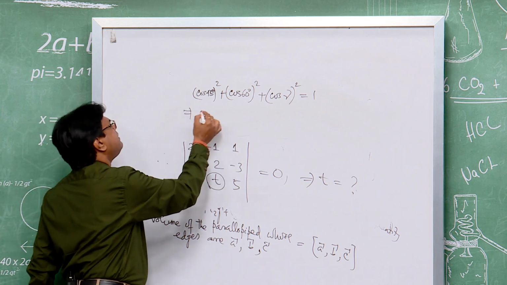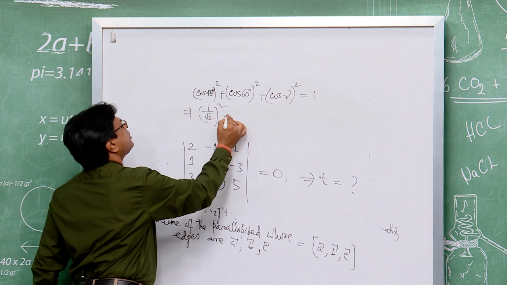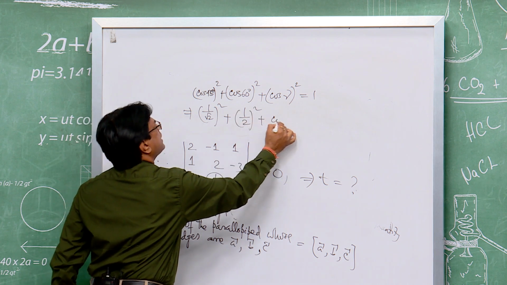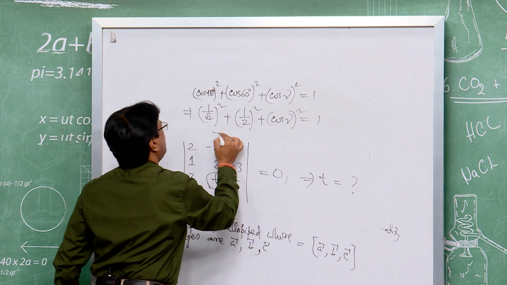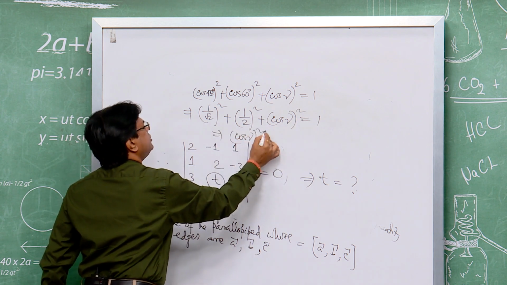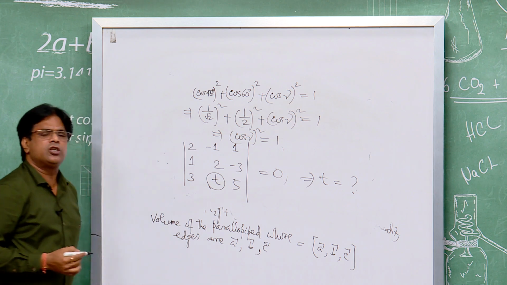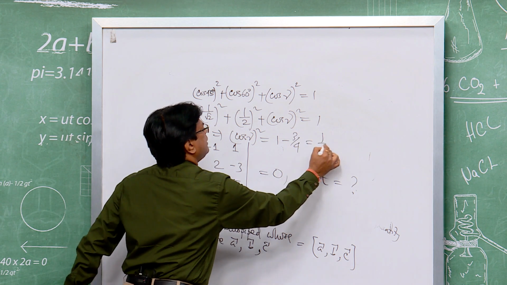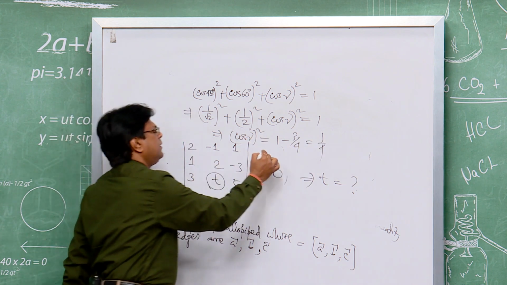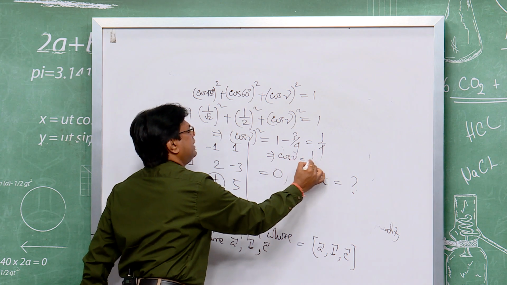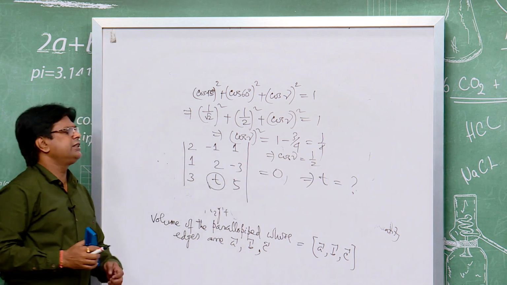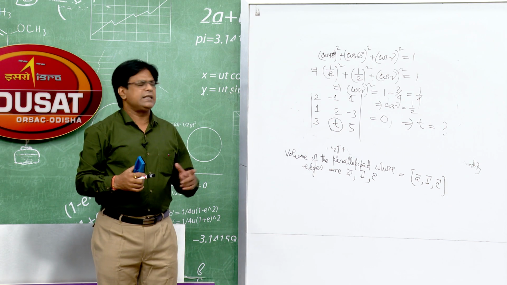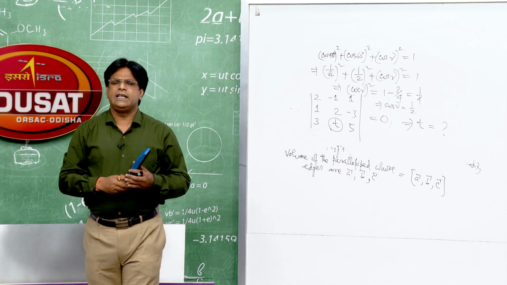So cos 45 is 1 by root 2, whole square, plus cos 60 is 1 by 2, whole square, plus cos square gamma is equal to 1. So cos square gamma is equal to 1 minus 3 by 4, that is 1 by 4. So cos gamma is equal to 1 by 2, so gamma is equal to 60. So this unit vector makes 60 degrees with the z axis.